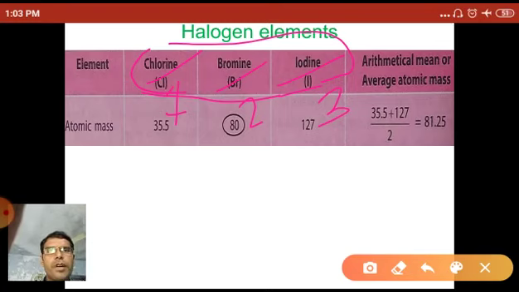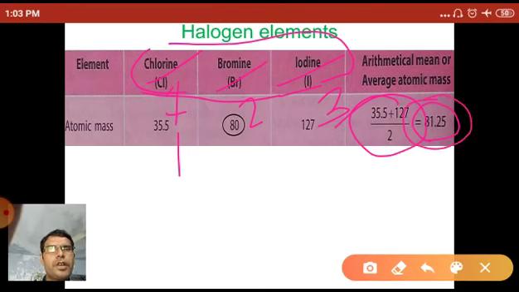The average atomic mass of chlorine and iodine, 35.5 plus 127 divided by 2, is 81.25. That average atomic mass is approximately the atomic mass of bromine, the middle element.